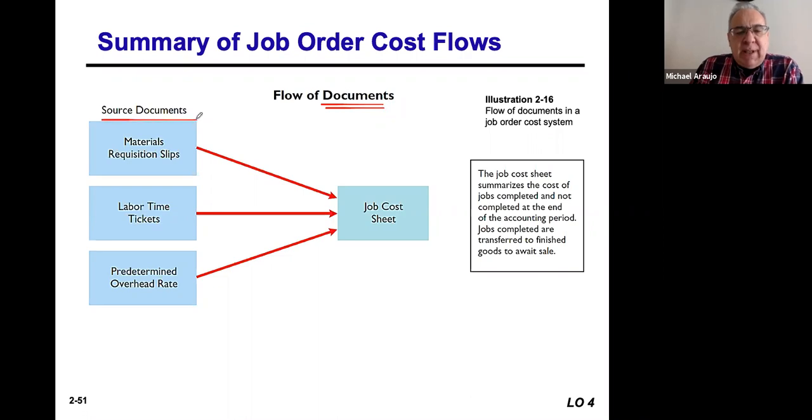So the documents that you saw and learned about, your source documents include the materials requisition slip, those labor time tickets, and the calculation of the predetermined overhead rate. All of those, of course, are shown on that job cost sheet. That, of course, becomes the basis of all the other information that you saw earlier. Okay.